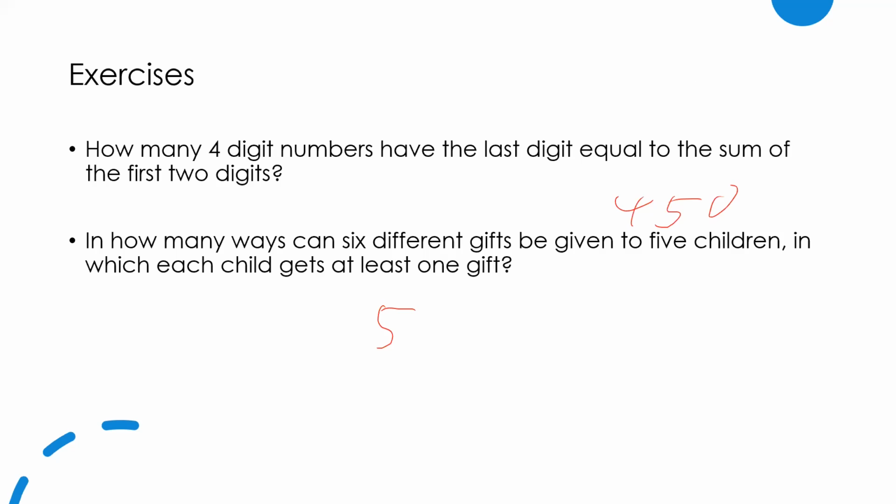And then we multiply this by 6 factorial, since there are 6 different gifts and there are 6 spots for each gift.